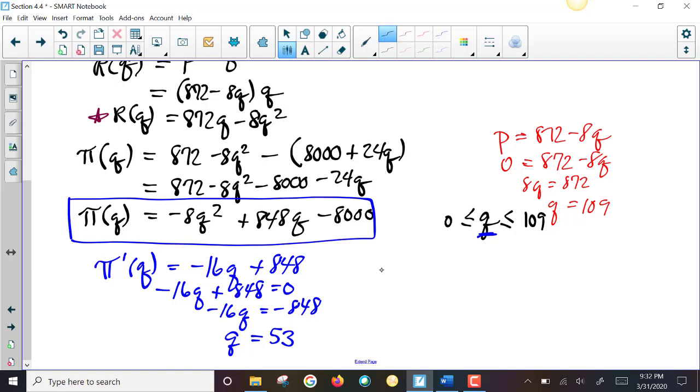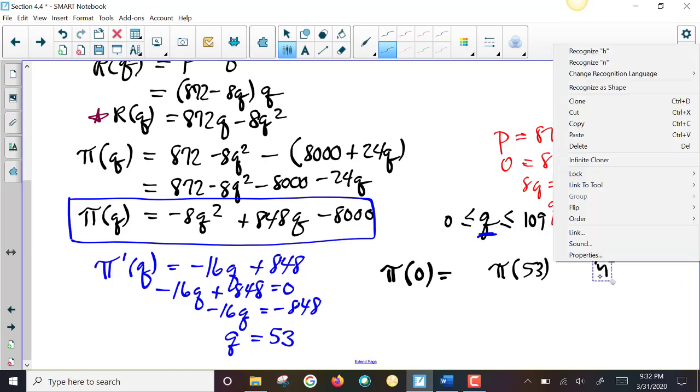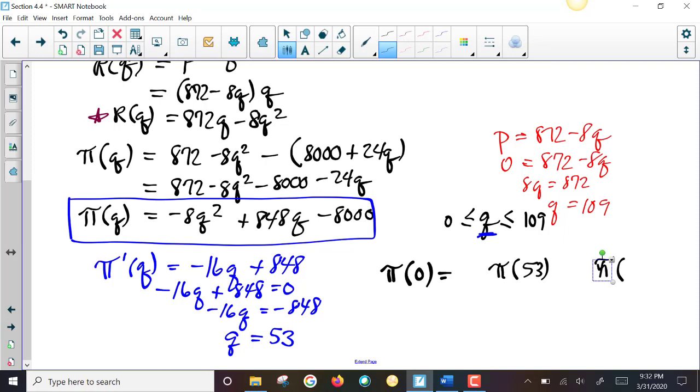So if we test those in the profit function, I find the profit at a quantity of 0, a profit at a quantity of 53, and a profit at a quantity of 109. All right, well, this is going to be 0. This is going to be 0.